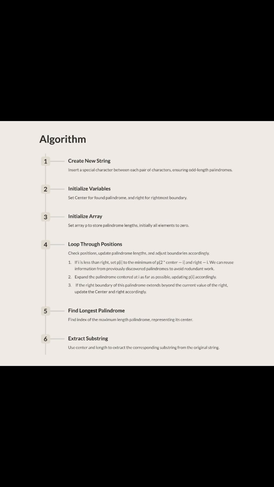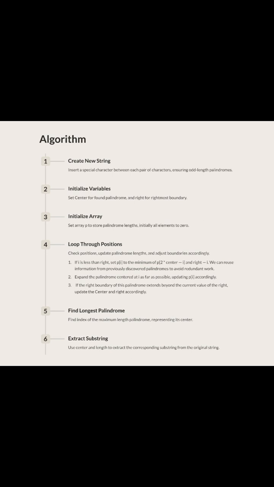Let me explain. 2 times center minus i represents the mirror position of i relative to the current center of the palindrome. Right minus i represents how far i is from the right boundary of the current palindrome. Taking the minimum of these two values ensures that we update P of i appropriately based on the known palindrome lengths.